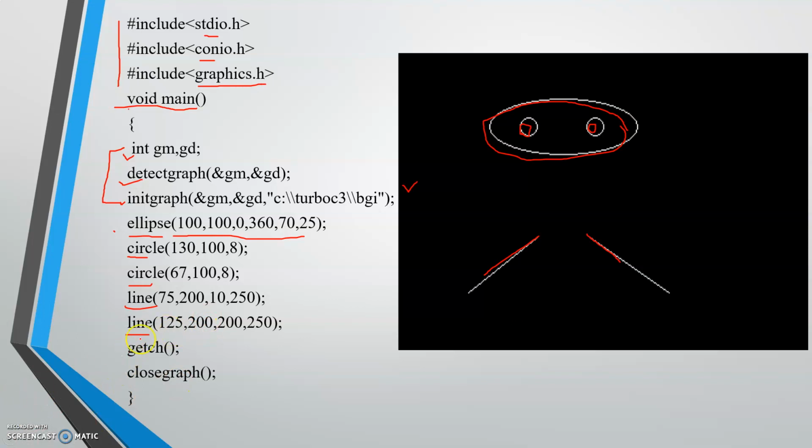Next we are using the circle function. The syntax is circle in brackets x comma y comma radius, where x and y are the coordinates of the center of the circle and r is the radius of that circle. And then next we are using the line function.